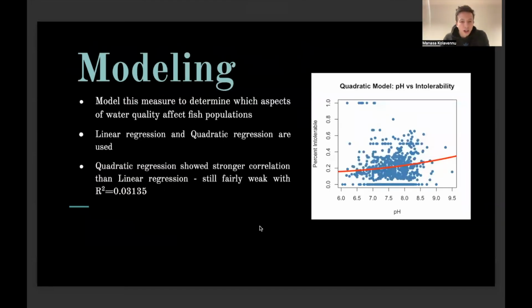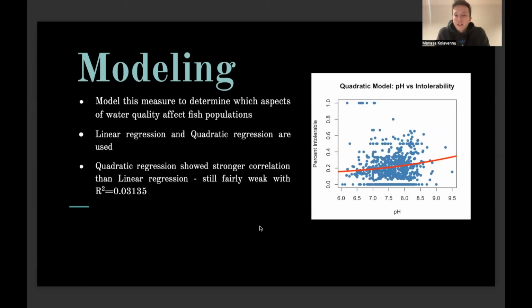Alrighty, guys. So now I'm going to jump into the main point of our project, which was trying to model the species intolerability, which shows how many species find the current water quality to be endangering their populations.